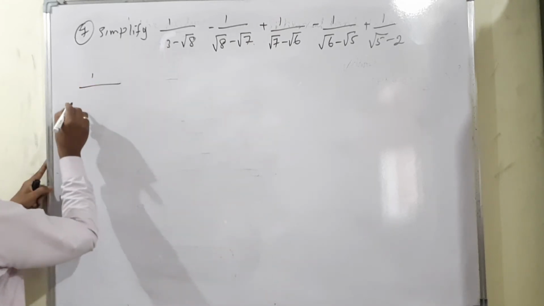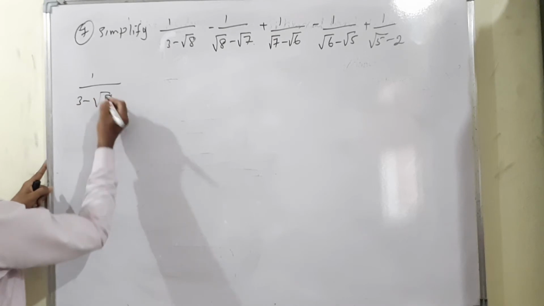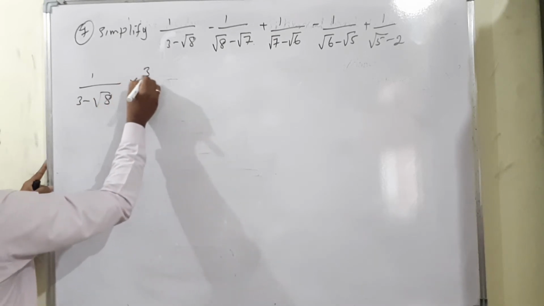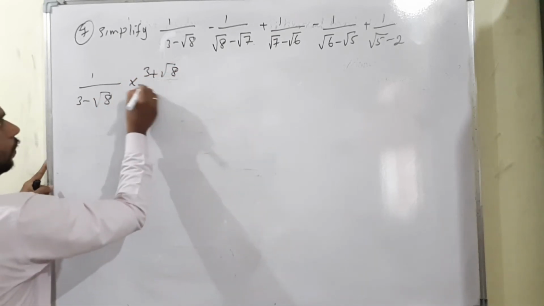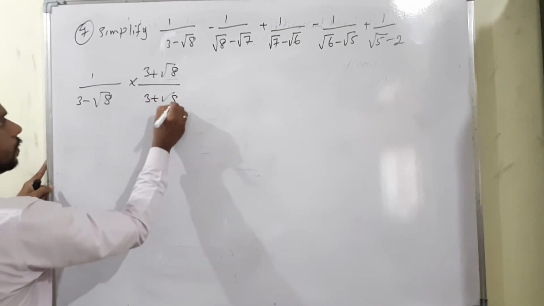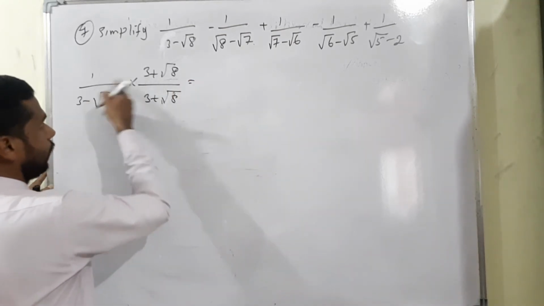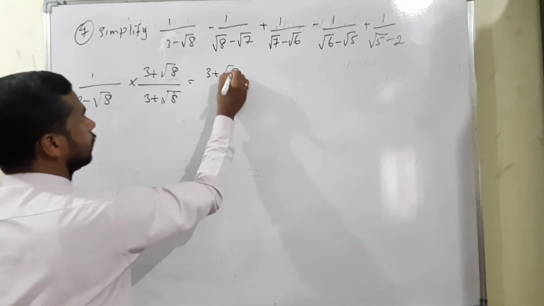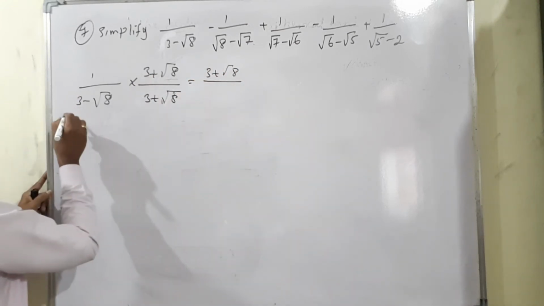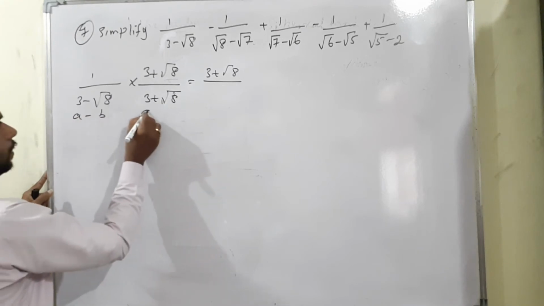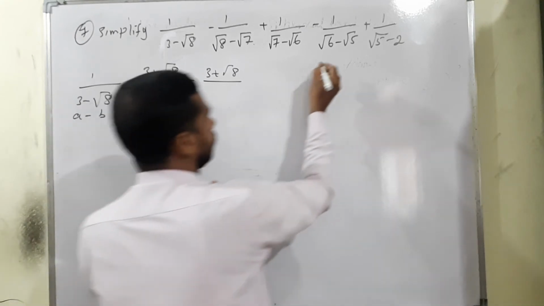The first part, 3 minus square root of 8. Rationalize means what? Multiply by 3 plus square root of 8 divided by 3 plus square root of 8. So 1 into 3 plus root 8 means 3 plus root 8, divided by (a minus b) into (a plus b). What is the formula?